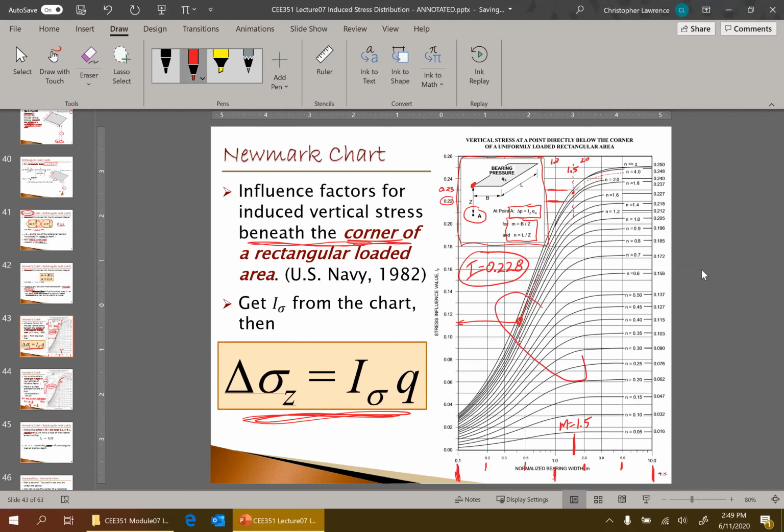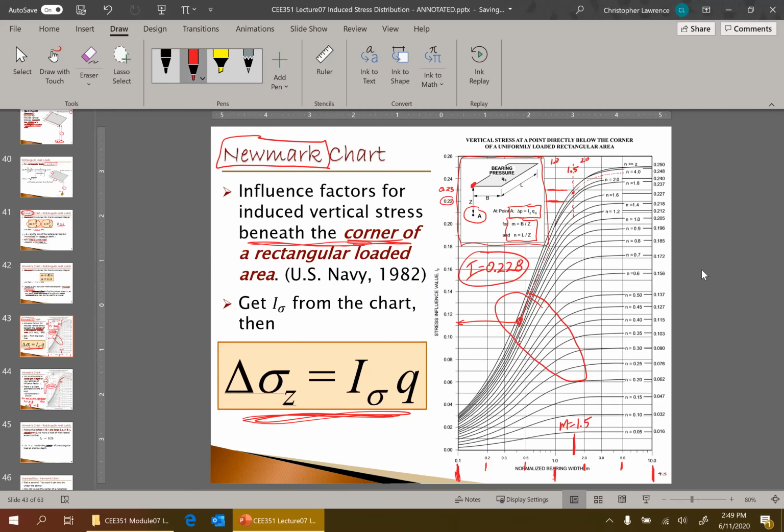Every one of these curves has an inflection, and there's sort of two different equations depending on the relationship of B, L, and Z. And so you have to do a quick little calc to figure out, should I use the first equation or the second equation, right? So you can use the equations when the problem asks you. But if the question asks you to use the Newmark chart, then you got to come and use this chart.